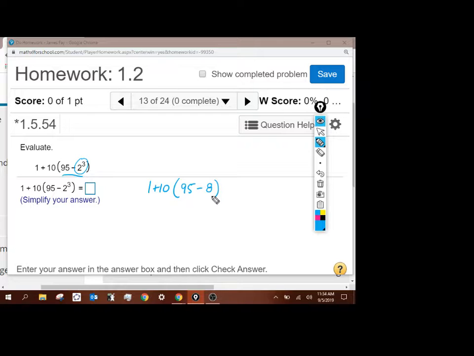Is there multiplication, division inside those parentheses? Is there adding and subtracting inside those parentheses? Yes, that's what I'm going to do. So what's 95 minus 8? Yeah, 95 minus 8, 87. Okay, so we get 87.